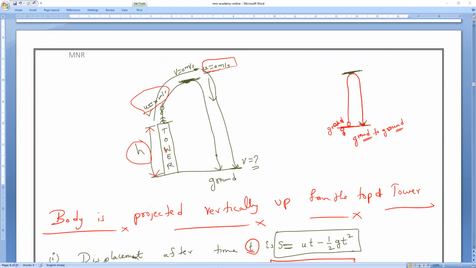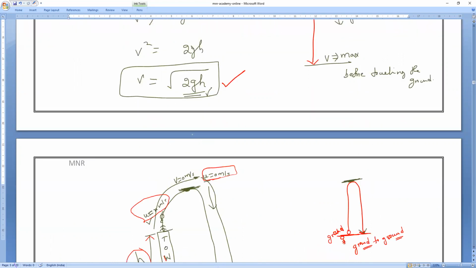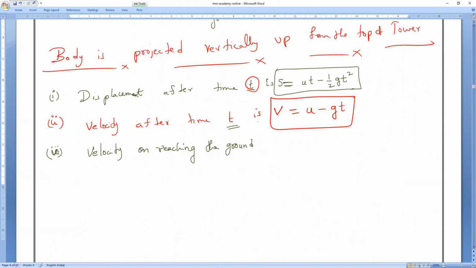So in this case, the final velocity on reaching the ground is the same formula with a small modification. Derivation is not necessary now. So root over u square plus 2gh. Very simple. Only one term is added here. What is the extra term we are getting? u square. That's all. u square plus 2gh. Any problem?